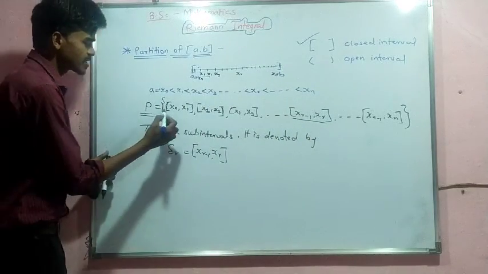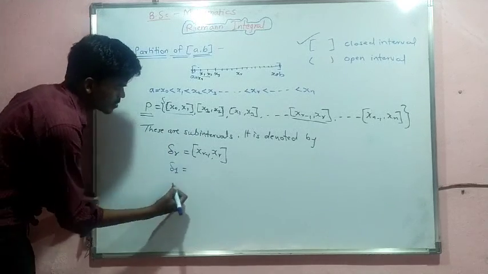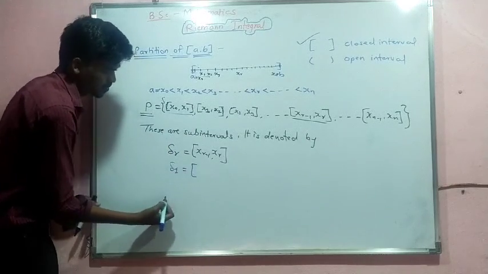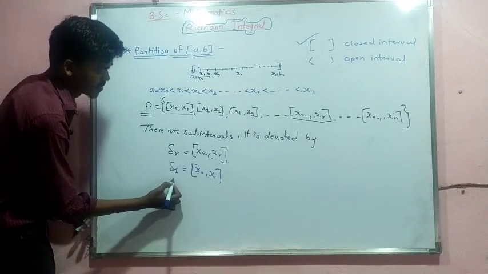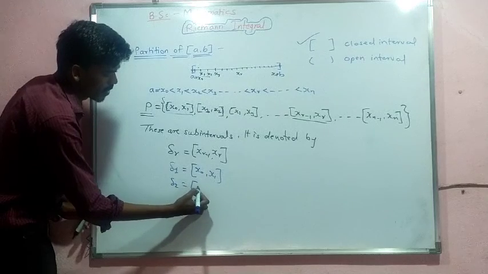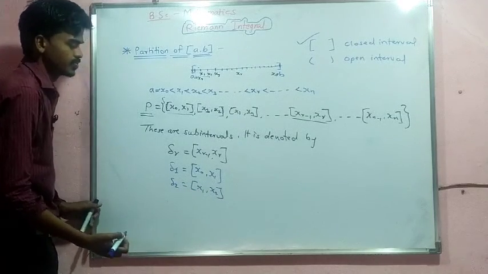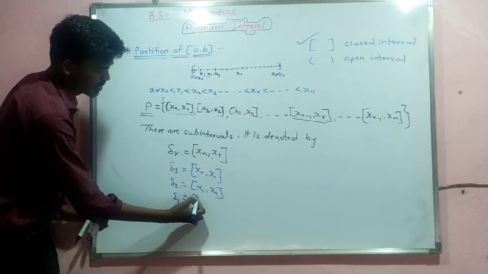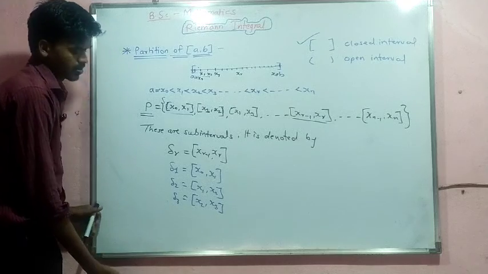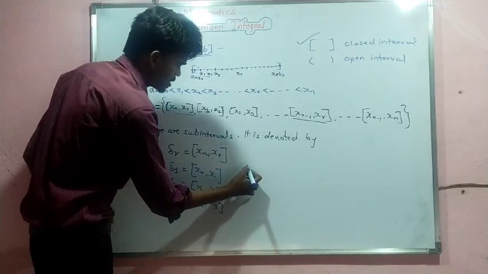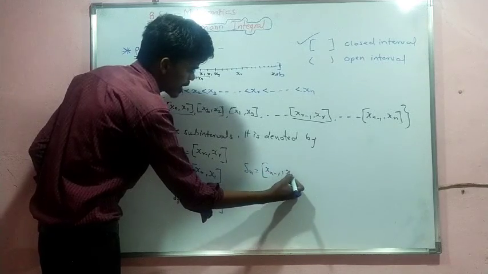The first interval, x naught comma x1, is our delta 1; delta 2 is x1 comma x2; delta 3 is x2 comma x3, and so on. Delta n is xn minus 1 comma xn.